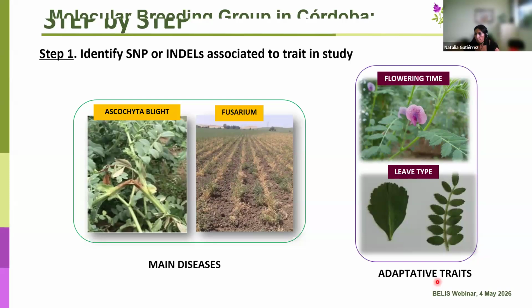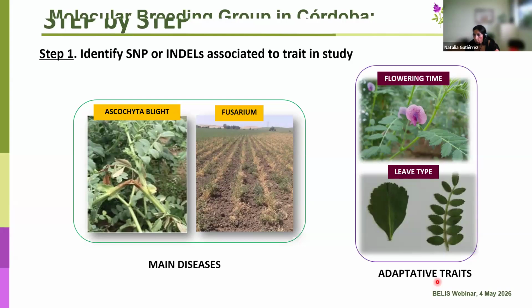For example, in chickpea, a lot of research has focused on traits related to disease resistance, especially against Ascochyta and Fusarium, which are two fungal pathogens that reduce the yield in chickpea. Also, important adaptive traits such as flowering time and leaf type have been studied in chickpea.